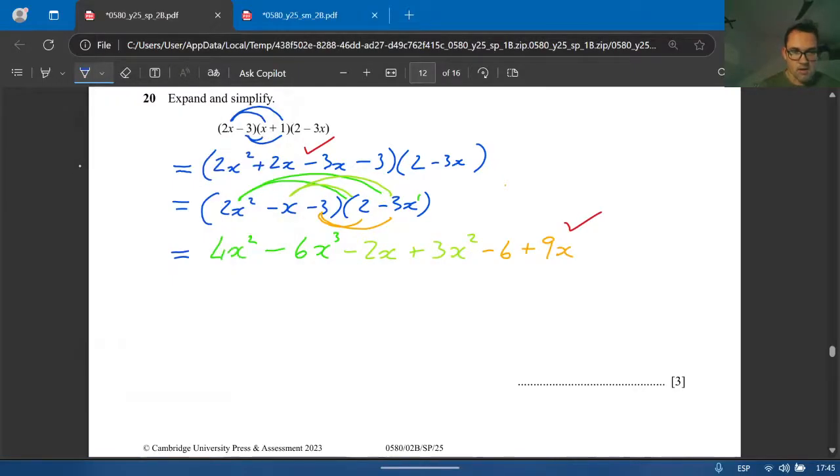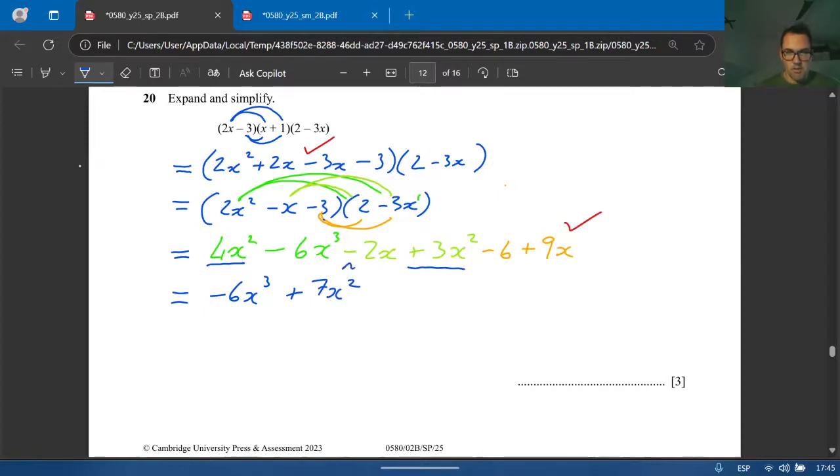Okay. So, then we just need to simplify it. Let's start with the highest power. It's a minus 6x cubed. There's no other x cubed, so this one stays the same. Then the x squares, there's a 4x squared plus a 3x squared. The sign in front goes with the term, yeah? So 4 plus 3 is 7x squared.